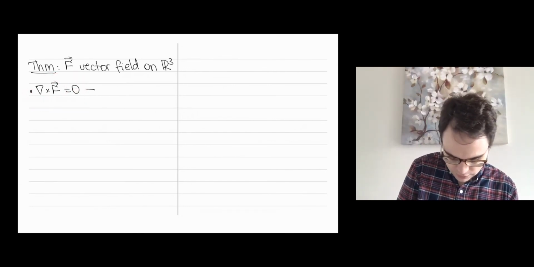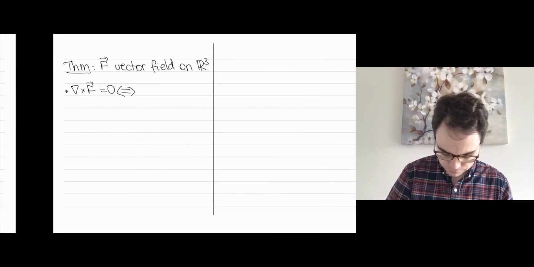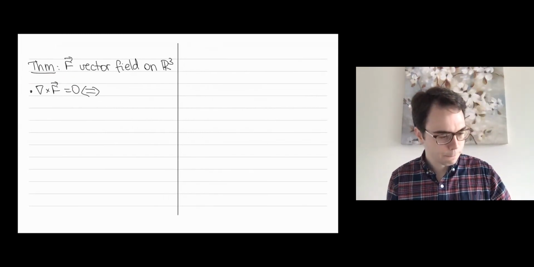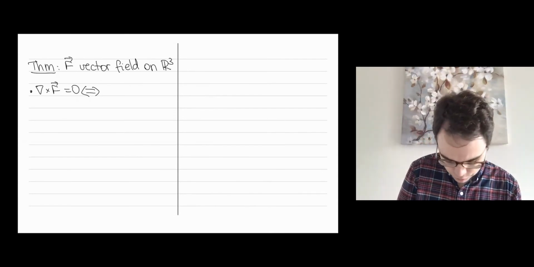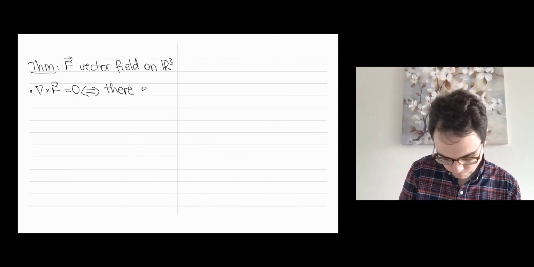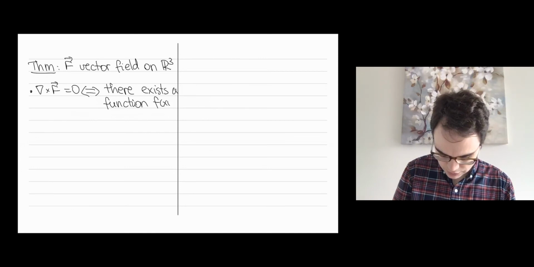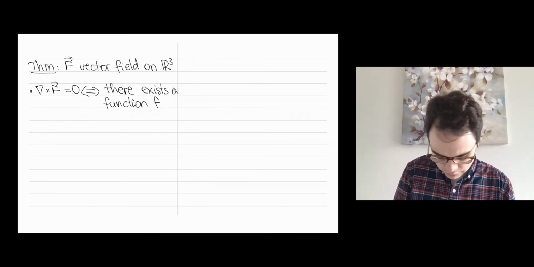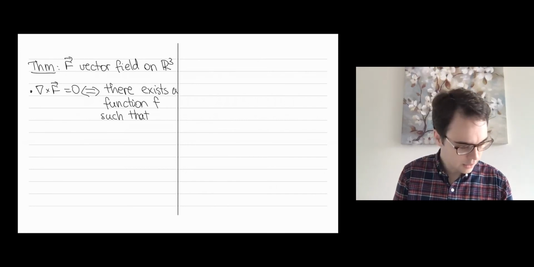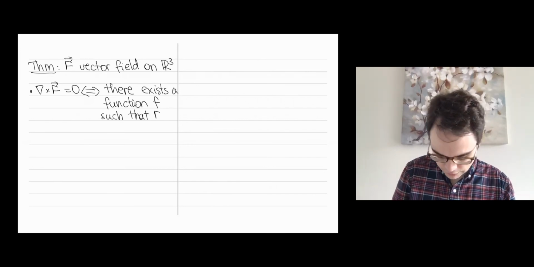Right, so the curl is 0 if and only if there exists a function f such that the given vector field is the gradient of that function.